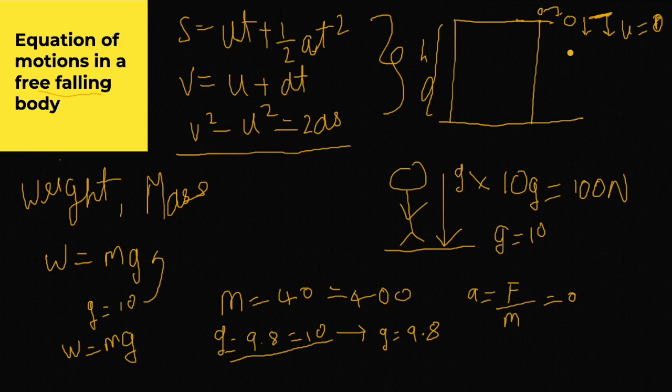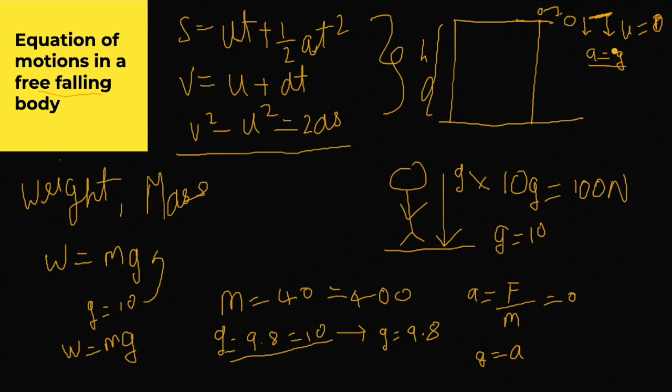And the next thing we've got to take is, what will the acceleration be? Well, acceleration is nothing but g. G is not an actual force. G is just acceleration, the acceleration at which we're being pulled down. So acceleration is equal to g, right?